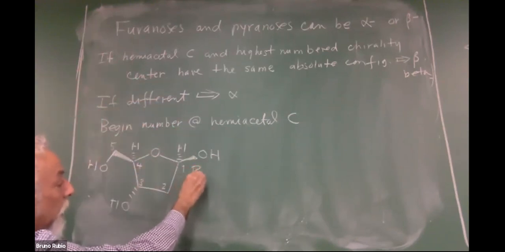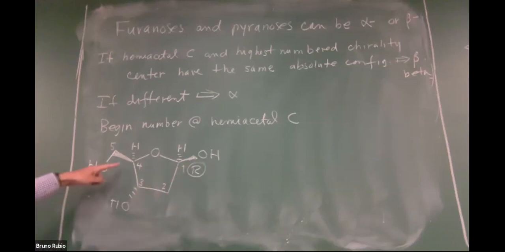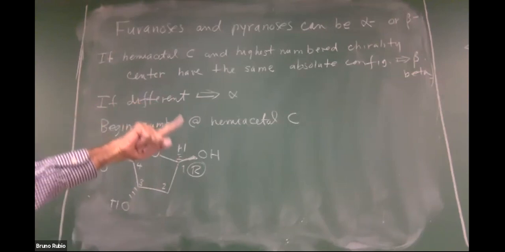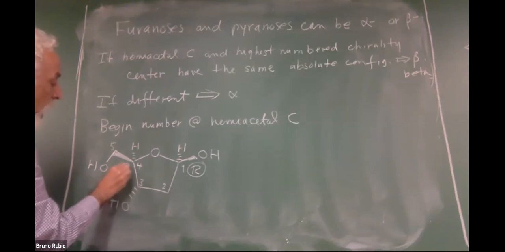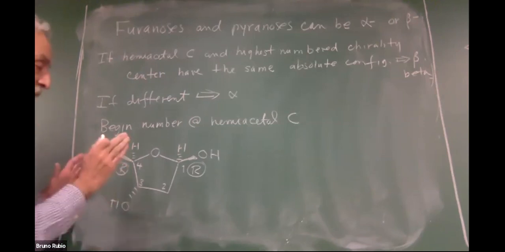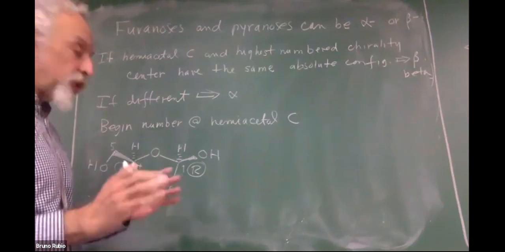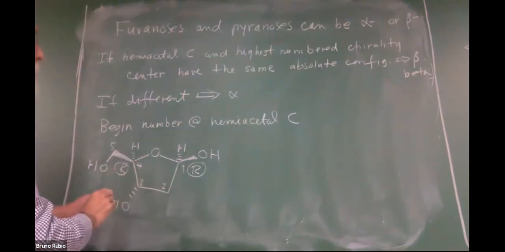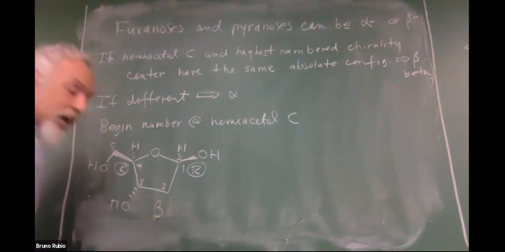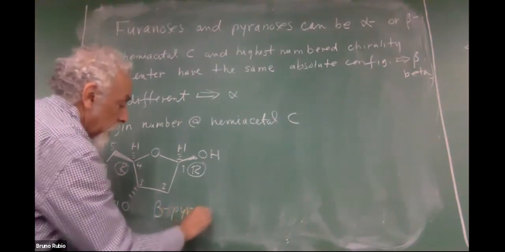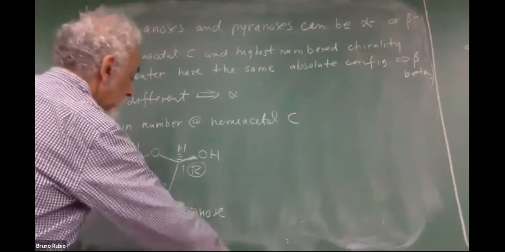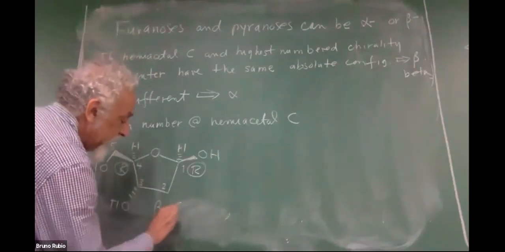This is R. What's the absolute configuration at carbon 4? 1, 2, 3, hydrogen in the back. This is also R. So what I've drawn here, the carbohydrate residue in DNA, is the beta furanose.